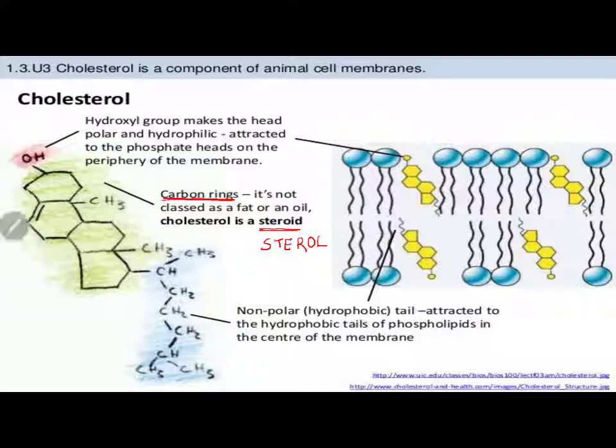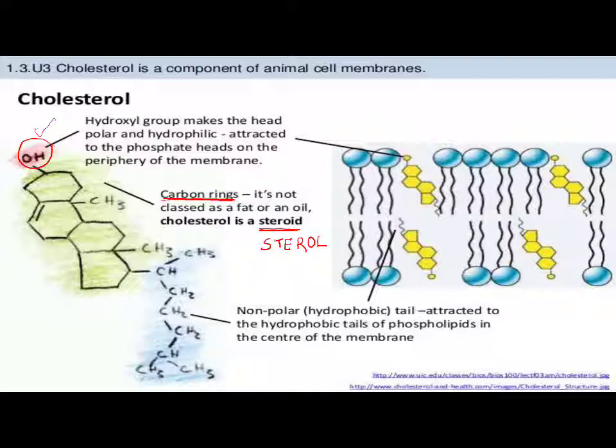Then we have a hydroxyl group, which, when the cholesterol is in the plasma membrane, gives a hydrophilic entity towards the outside of the plasma membrane.